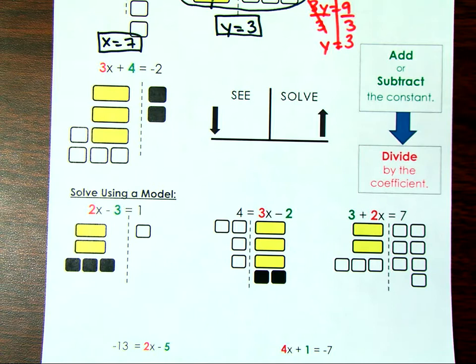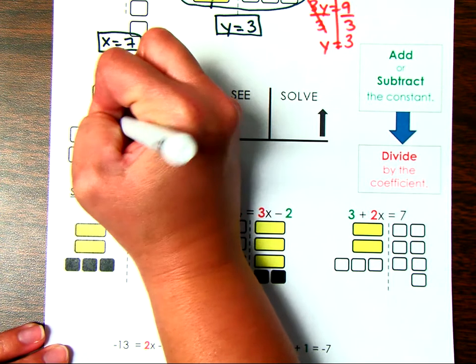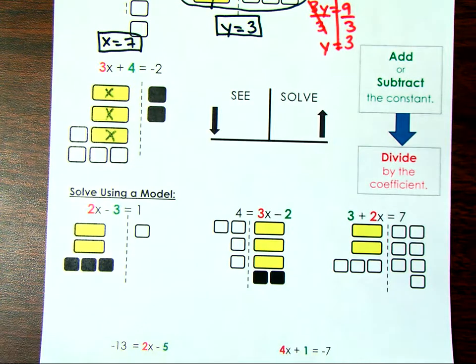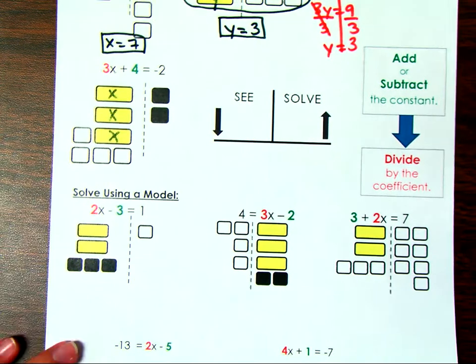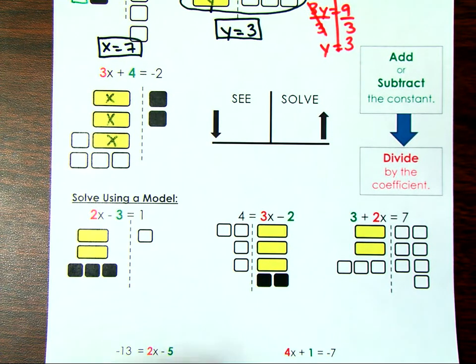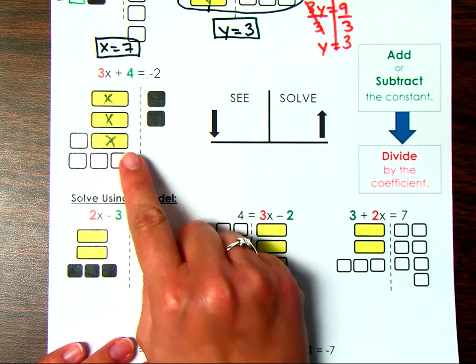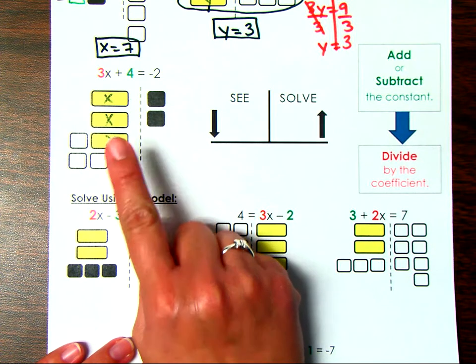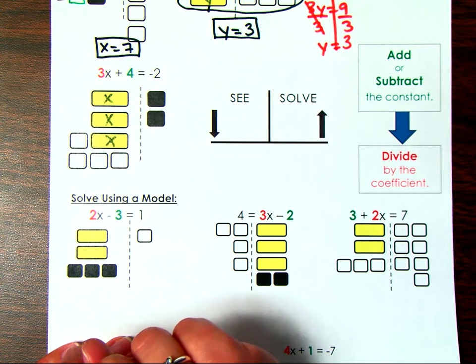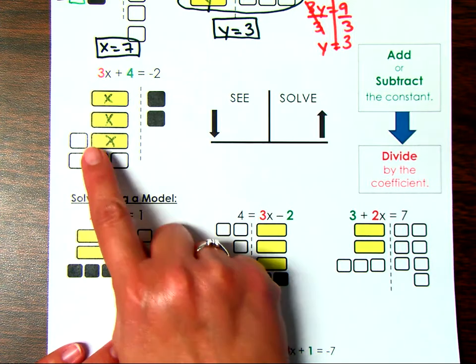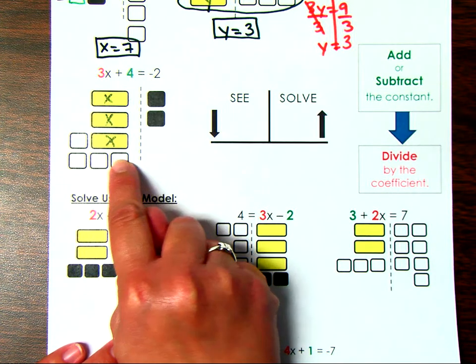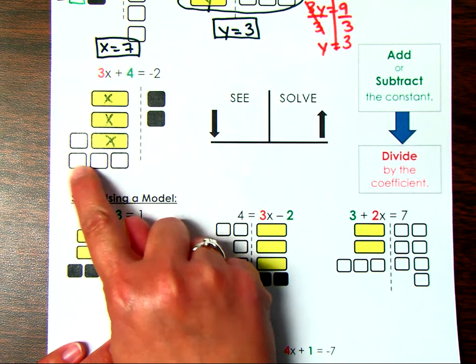All right, so right here we have our 3 x's, which are our rectangles, and 4 positives, which are our squares. Okay? And then on the right-hand side we have a negative 2. So we want to say with this picture how much one x is worth. So the first thing we need to do is get rid of what else is with x, those 4 positives.